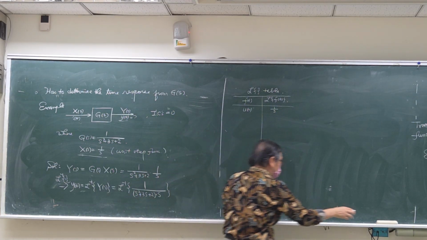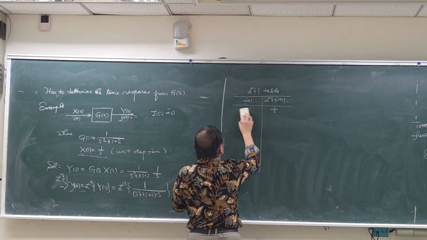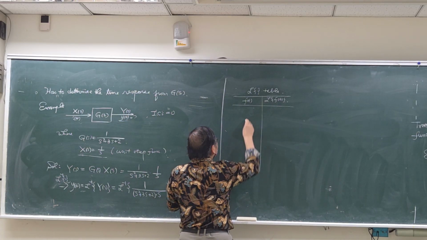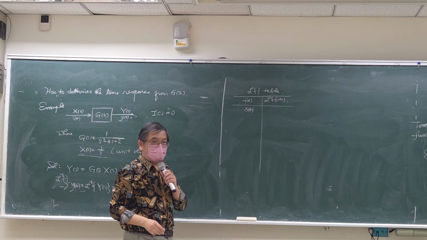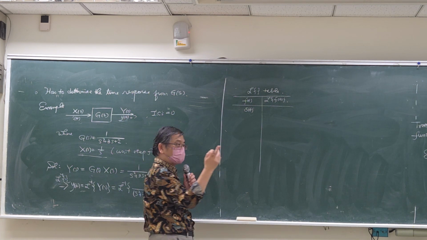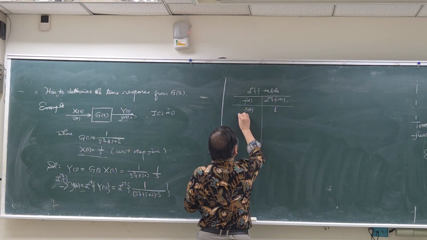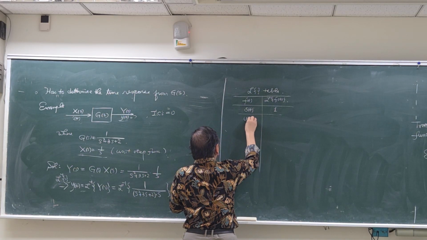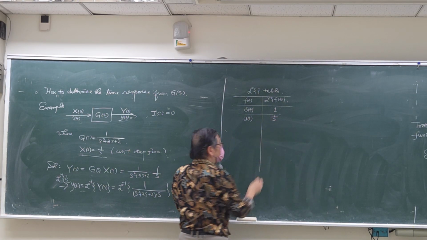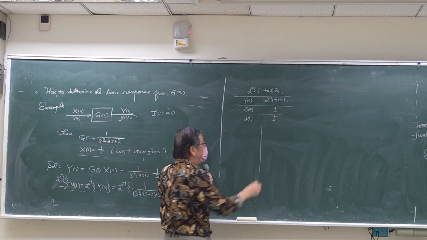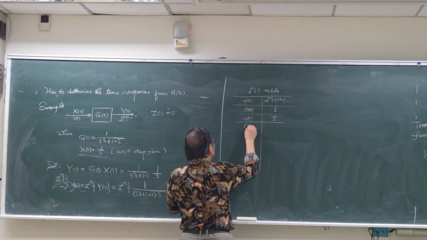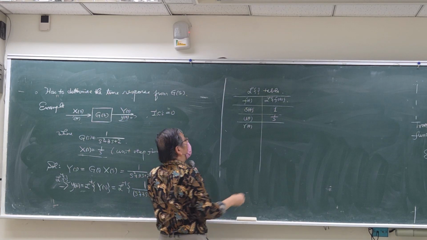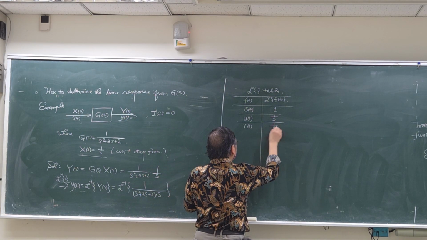Let's start from the impulse response. What is the Laplace transform of the impulse? 1. Good. And then the unit step is 1 over S. And then what is the ramp? 1 over S squared. Good.